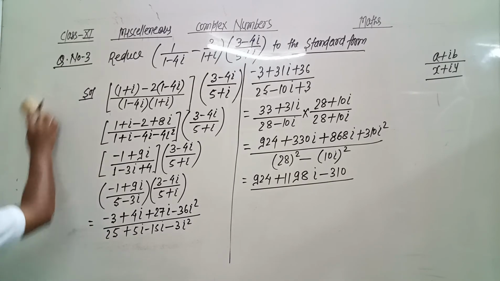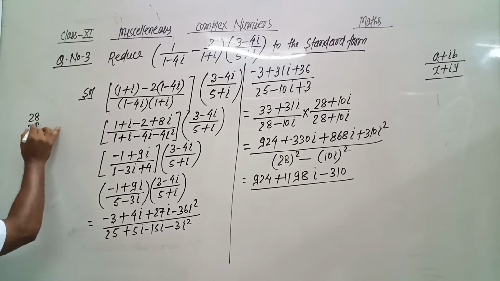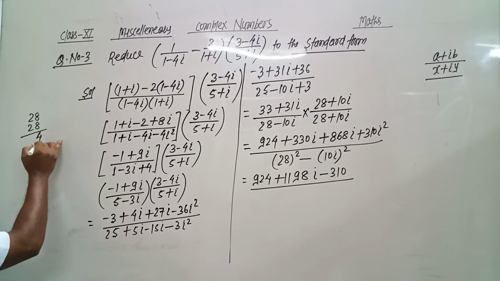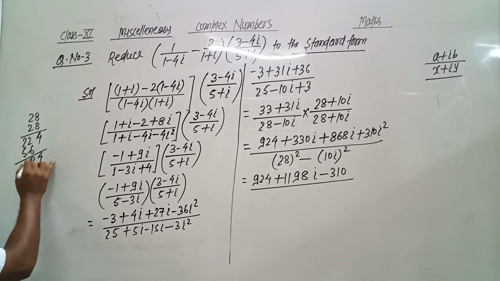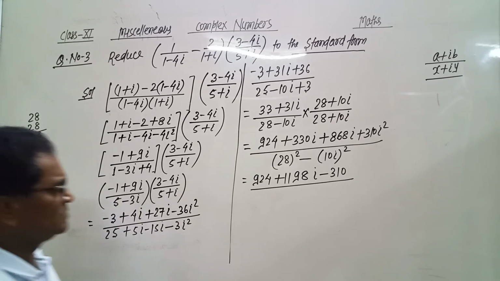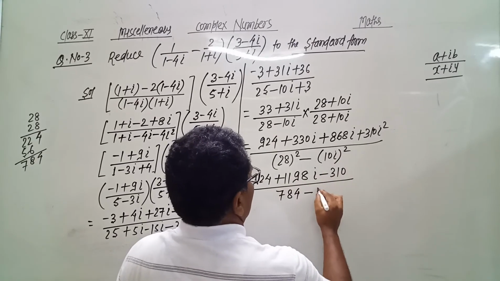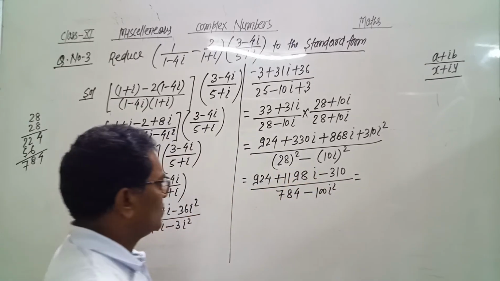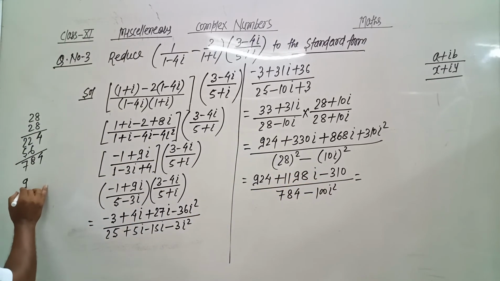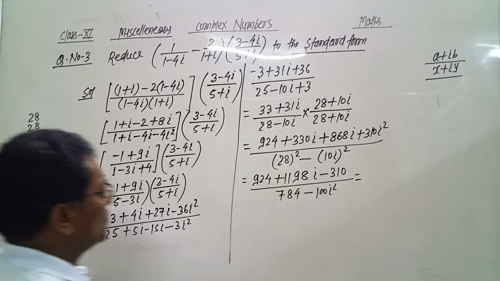So 28 the whole square means 28 into 28, 784, minus 100 iota square. So 924 minus 310, it gives 640.